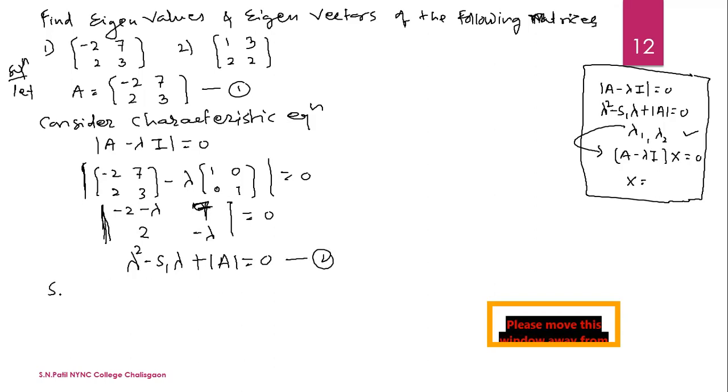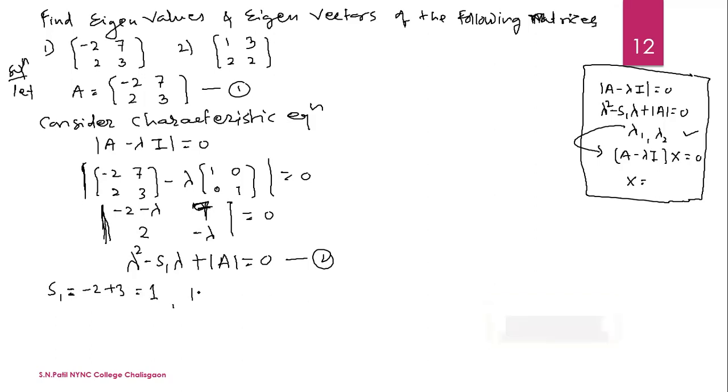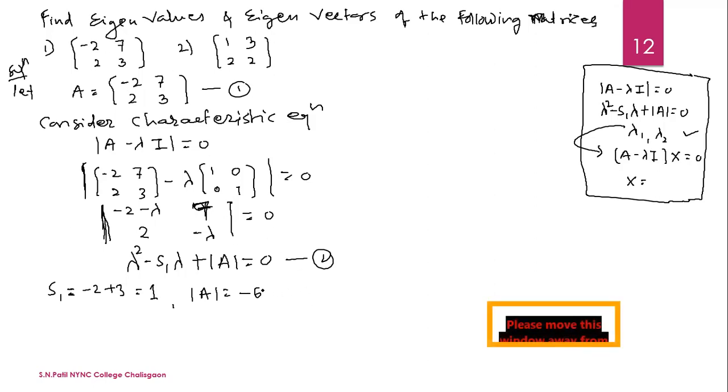S1 is the trace of the matrix, that is minus 2 plus 3 is equal to 1. The determinant is minus 2 into 3, which is minus 6, and 7 into 2, which is 14, so we get minus 20.